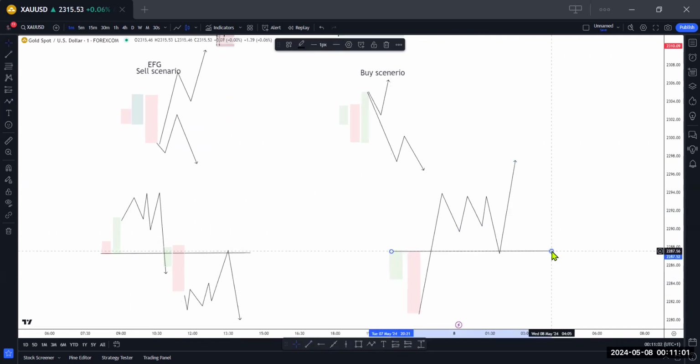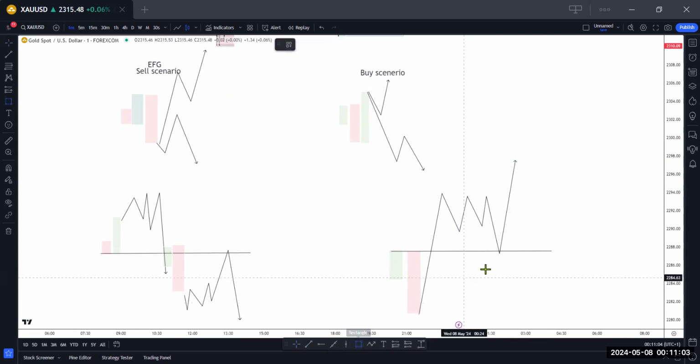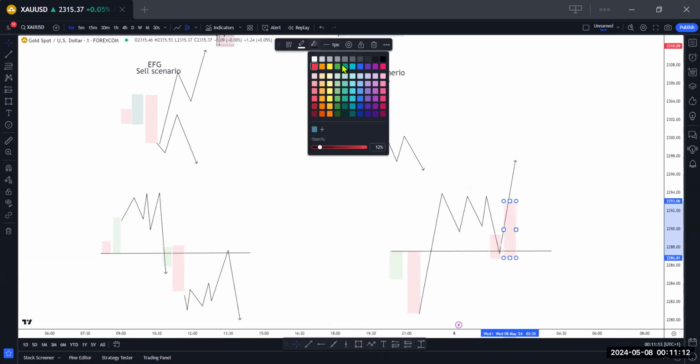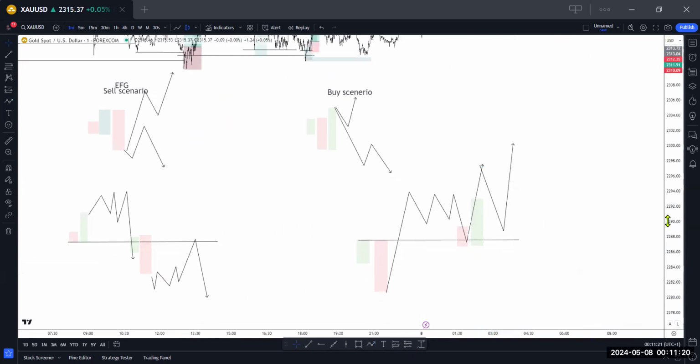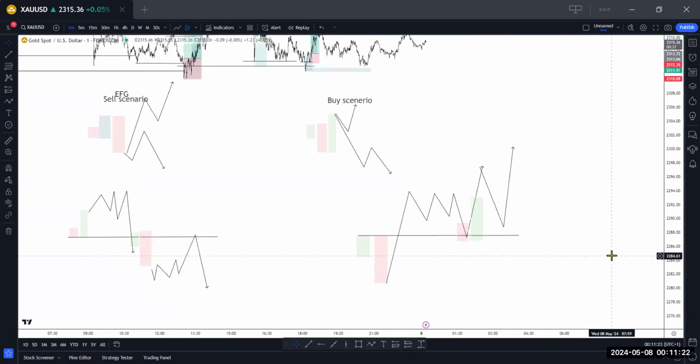So that's the engulfing fill, and then we have the engulfing setup. Your expectation is that price would come, tap, and then go. Okay. These are continuation setups.